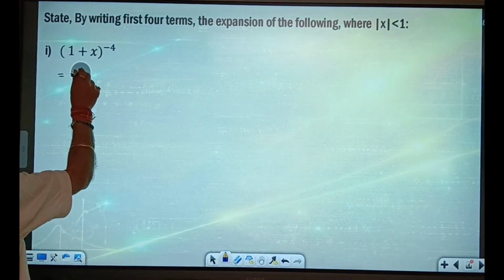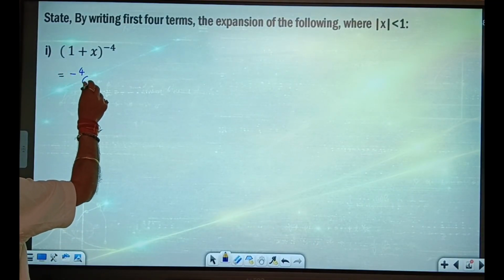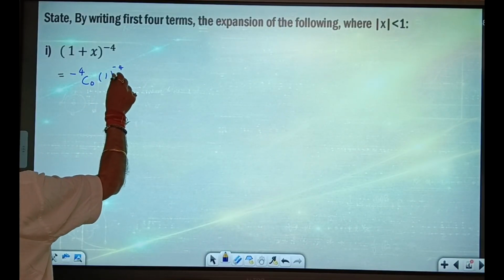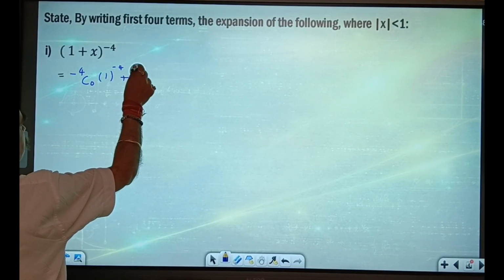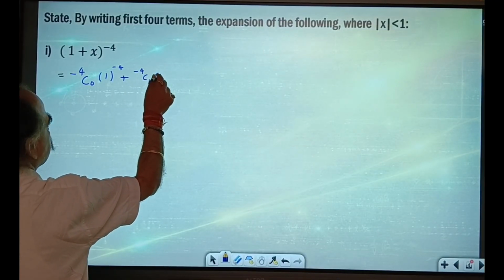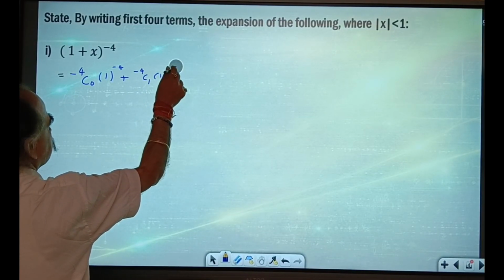It is what? Minus 4C0 1 raised to minus 4, plus minus 4C1 1 raised to minus 5.